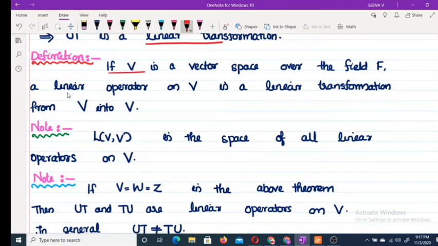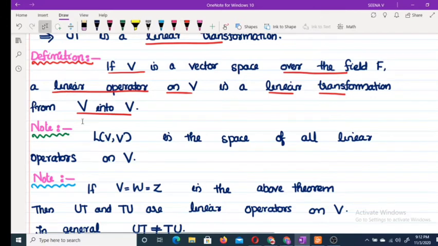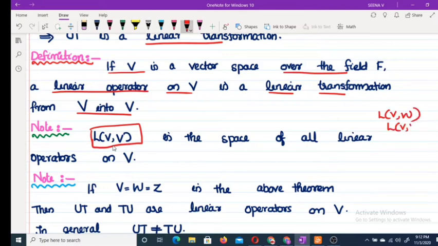If V is a vector space over the field F, a linear operator on V is a linear transformation from V into V. We denote the space of all linear operators on V as L(V, V). The space of all linear transformations from V to W is L(V, W), and the set of all linear transformations from V to V is L(V, V); this is called the space of all linear operators on V.